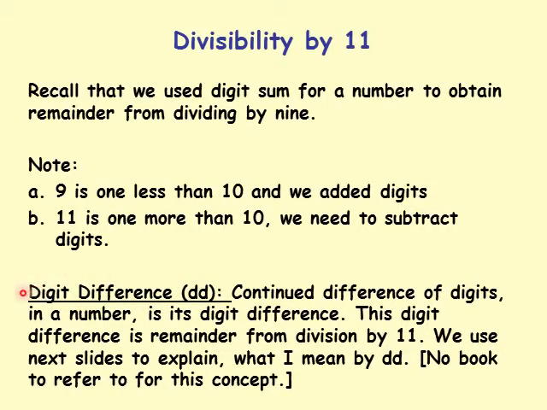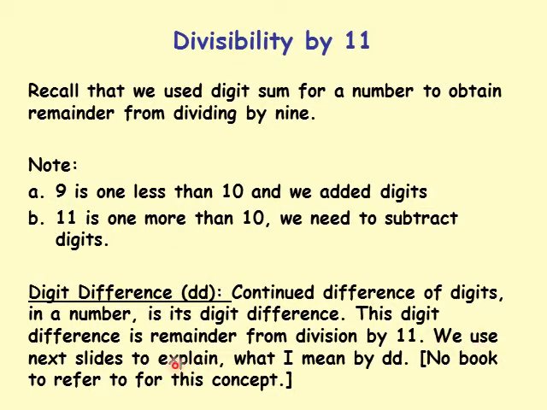I have not seen the term in any of the books I have looked into, and I'm going to define it as the continued difference of digits in a number. So digit sum was the sum of the digits, and digit difference is the difference of the digits in the number, but it's a continued difference. Digit sum is the remainder from division by 9, and digit difference is the remainder from division by 11.